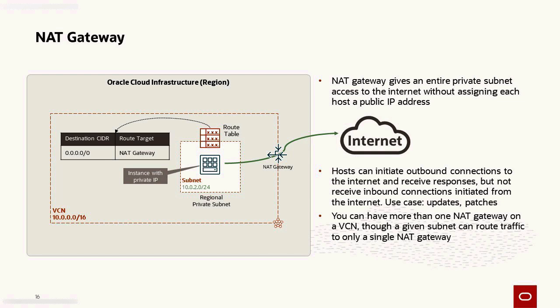With the NAT gateway, these instances can initiate connections to the internet and receive responses, but they cannot receive any incoming connections initiated from the internet. NAT gateways are highly available and support TCP, UDP, and ICMP ping traffic.